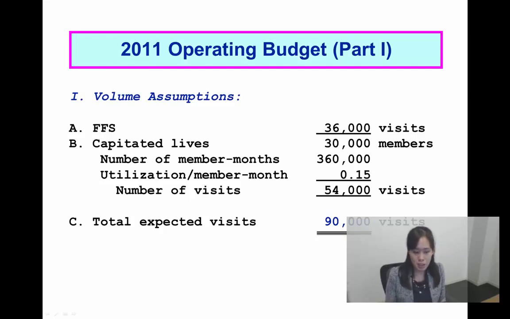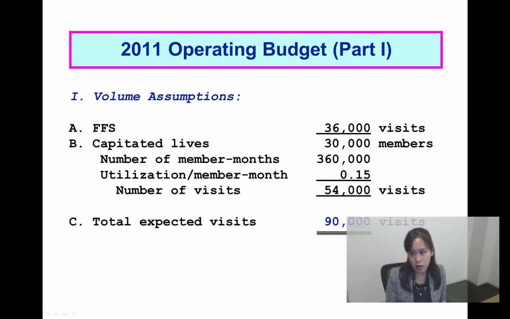Remember, capitation pays on a per member per month basis, so that's why we want to convert things to a member month level. They've assumed that the utilization per member month is 0.15 visits. Essentially, maybe looking at past data, they find that each member visits on average 0.15 times per month. That's what that number means.